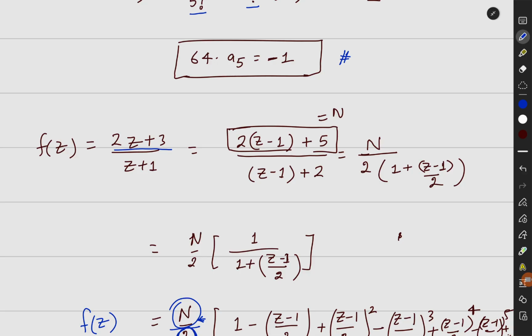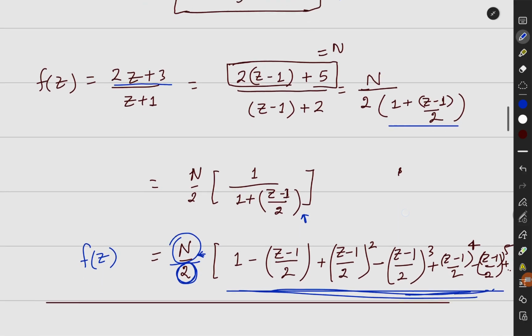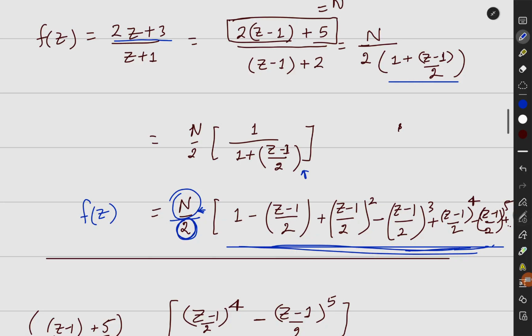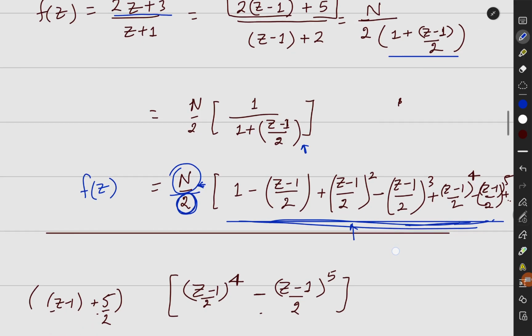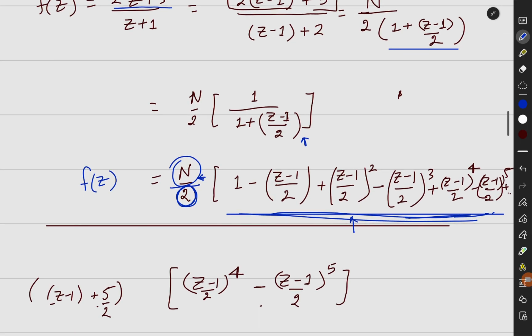So the problem is only on the other part, 1 by this number, and the numerator divided by 2 is holomorphic everywhere, so we don't worry about that. So the radius of convergence is the radius of convergence of this. So 1 by 1 plus x has this expression.